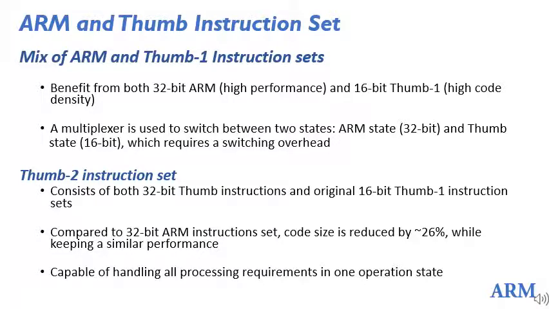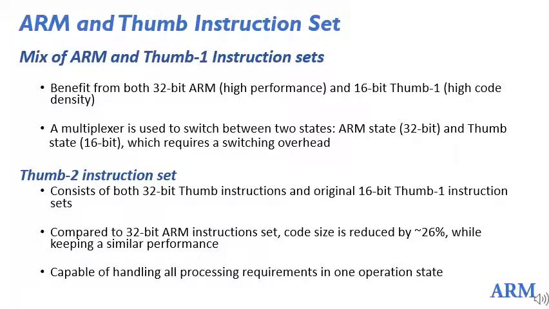The 32-bit ARM instruction set provided good performance, whereas the 16-bit Thumb 1 instruction set provided high code density. So to get the benefit of both worlds, a mix of ARM and Thumb 1 instruction sets was formed. The processors could use both instruction sets: whenever there were instructions available in the Thumb 1 instruction set, it used those, and whenever there was no instruction for a particular task in Thumb 1, it would use the 32-bit ARM instructions.